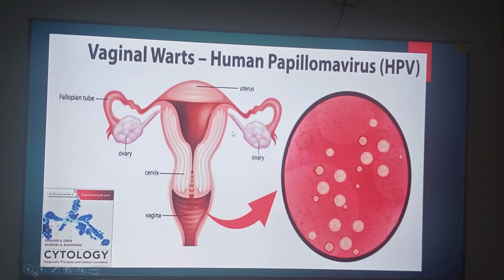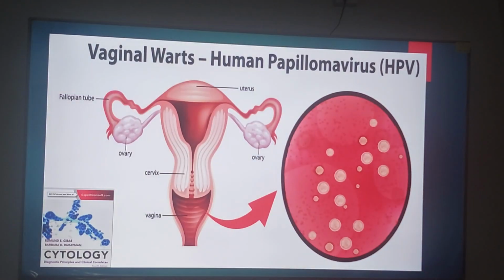The most common cause of vaginal cancer or cervical cancer is the human papillomavirus. Closely, it shows white, pale yellow and white colored dots.